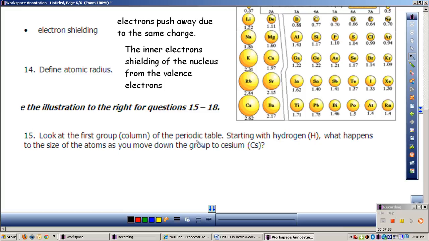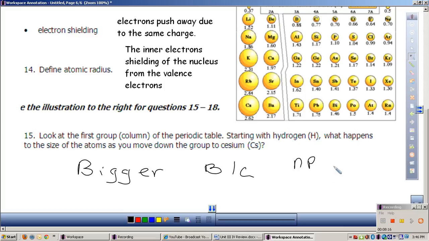So look at the first group on the periodic table, starting with hydrogen. What happens to the size of the atoms as you move down to cesium? What do you see? It gets bigger, okay? And it gets bigger because, again, if you don't know this abbreviation, B/C, just because the nuclear pull, NP, decreases due to more electron shielding, ES.